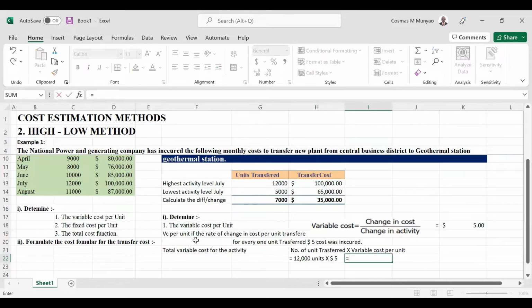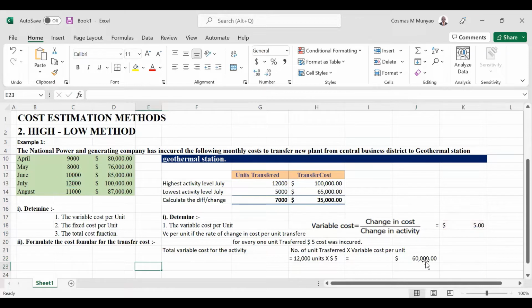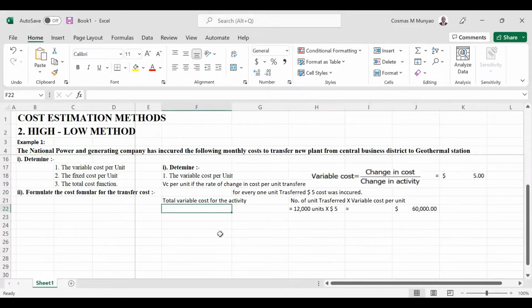This gives us 12 times 5, so 60,000 is the total variable cost for the activity.